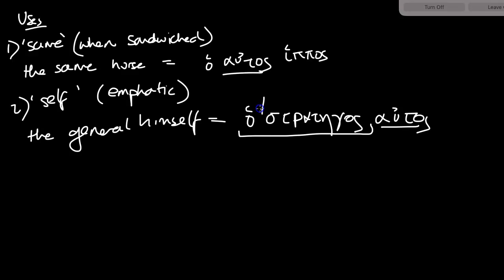It's not in between the article and the noun. So that means self. And actually, there are two places to put it if it's not sandwiched. It can go after the noun, or actually it can go before the noun. So it could actually go here.